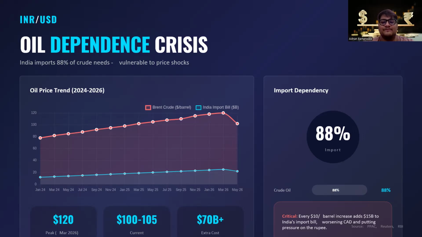So why does the rupee keep falling? Because every month we send a tsunami of rupees out of our country to buy dollars to buy oil. The rupee is basically being exported in exchange for fuel, and that is how I want to sum it up. Our currency is literally going up in smoke, diesel smoke, I would say.